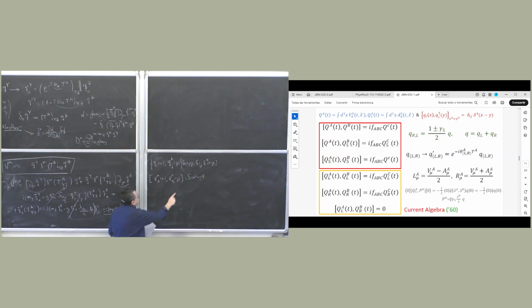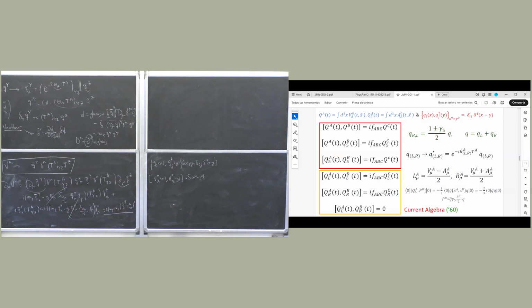Okay, I am going to take the commutator of two vector currents. And then I am going to take, well, in principle, that will allow us to understand the first: [Q^A, Q^B] is i f^{ABC} Q^C.